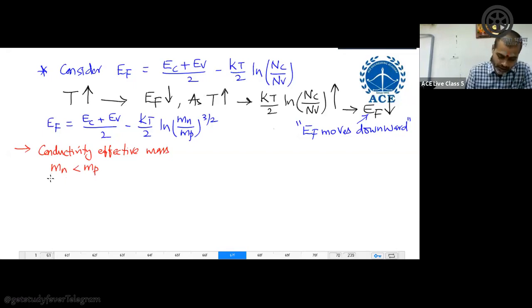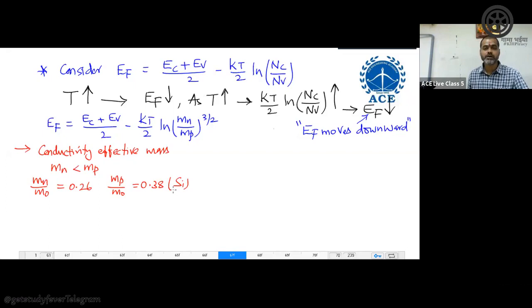And if you take the actual mass, mn by m naught is going to be 0.26, and mp by m naught is going to be 0.38. This is for silicon material. And what we are considering here is the effective density of states. So can I say density of states effective mass?